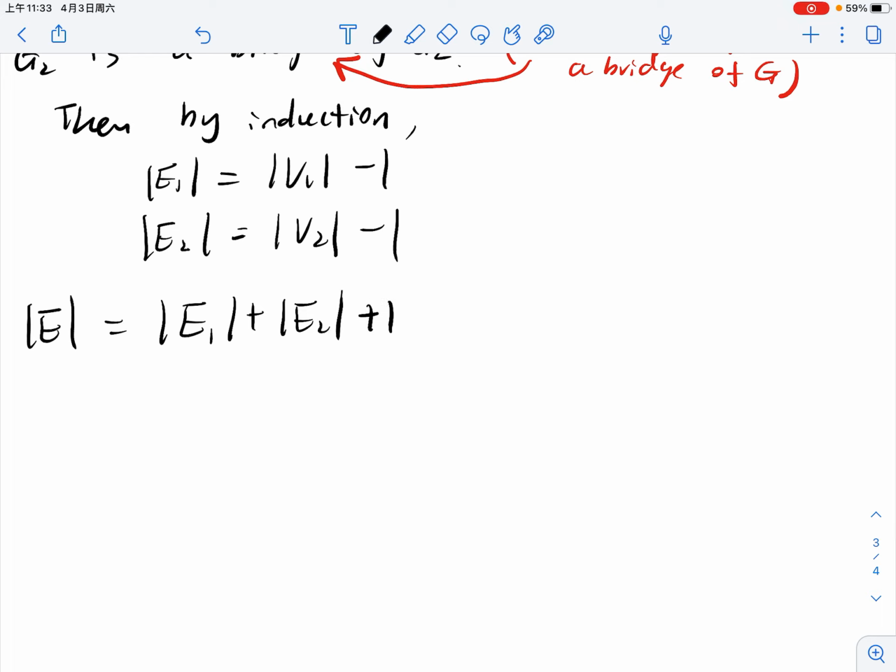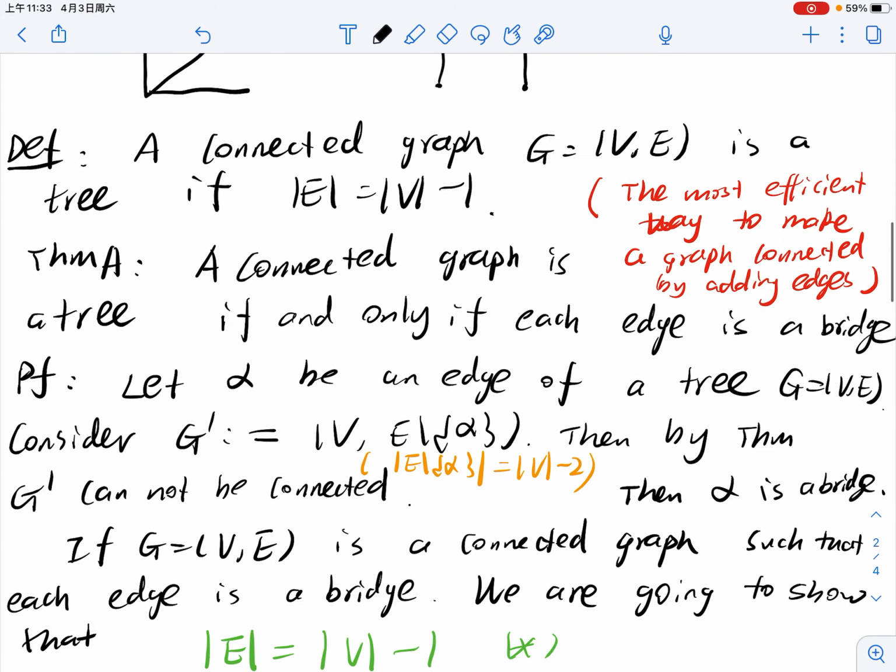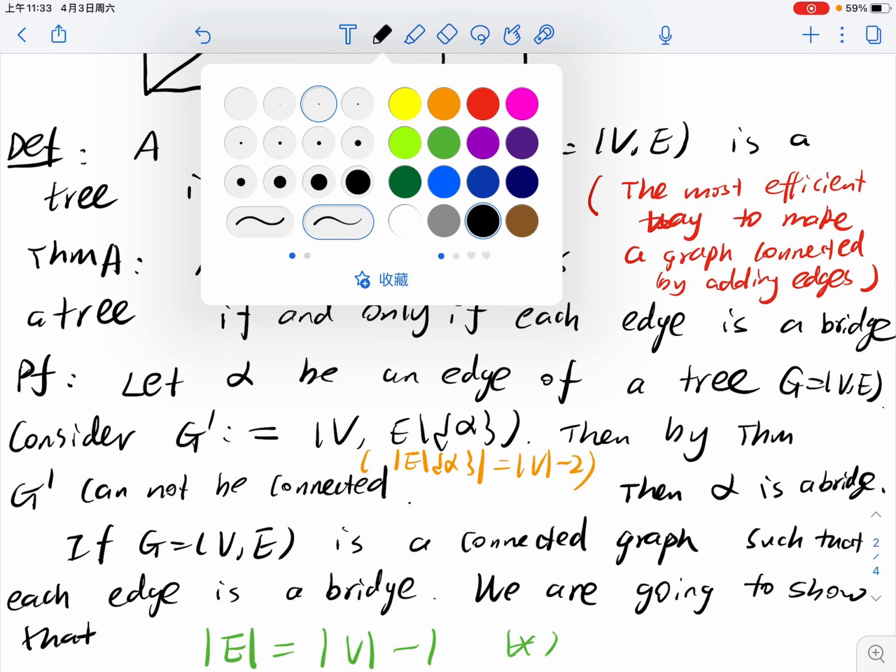This 1 corresponds to the edge alpha, and the cardinality of V1 plus the cardinality of V2 minus 2 plus 1 is the cardinality of V minus 1. Notice that when we remove the edge alpha, we never remove the vertices. So the vertex set just splits into V1 and V2. Then we complete the induction and prove theorem A.